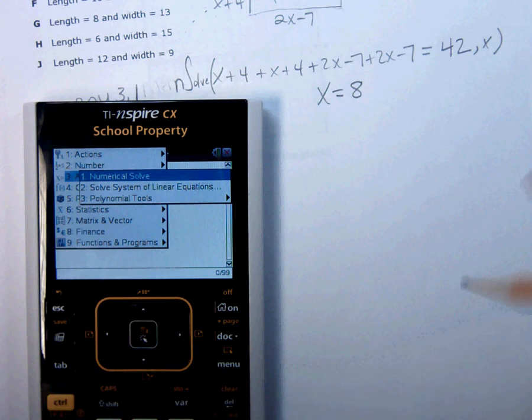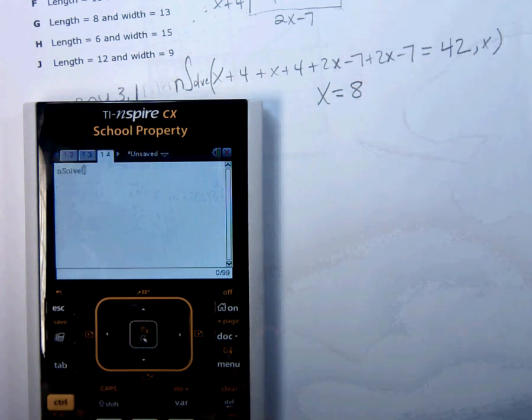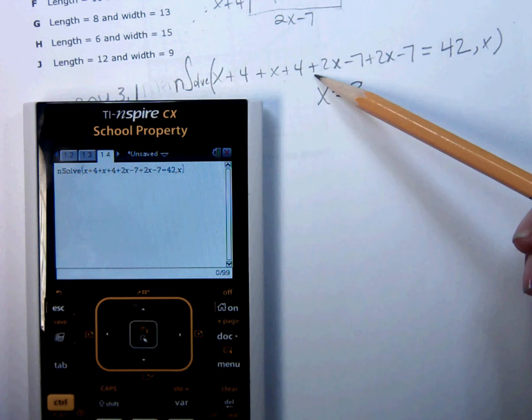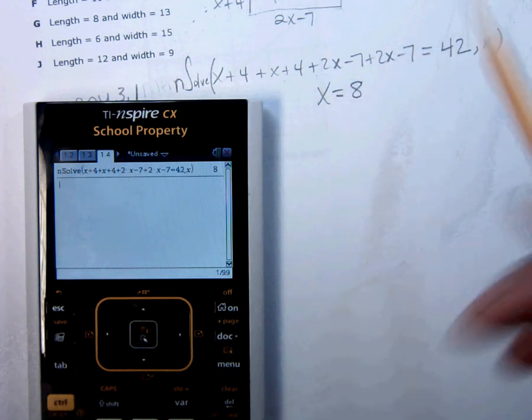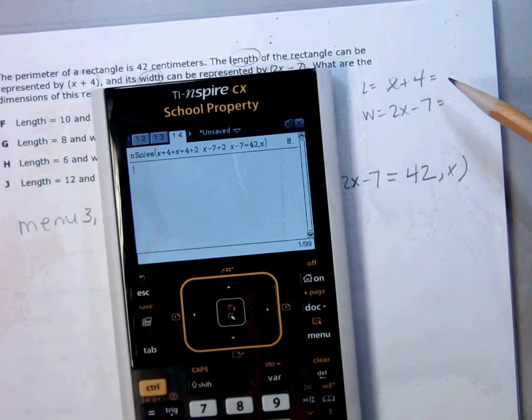Whenever you're solving for one letter, and that letter is x in this problem, I type x plus 4 plus x plus 4 plus 2x minus 7 plus 2x minus 7 equals, yes, you put the equal sign, 42 comma x. Check my work. And x is 8. So now that I know x, I can figure out the length and the width.